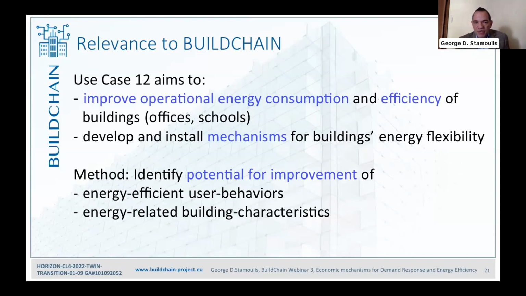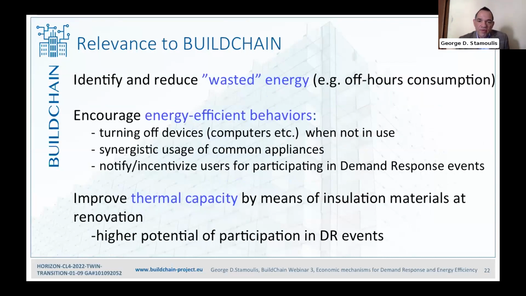And also at the same time, we should look at energy-related building characteristics in order to improve, for example, the thermal capacity of buildings by means of improved insulation materials at the renovation phase. And this will provide the building owner a higher potential of participation in DR events and attaining DR incentives, which can be beneficial for the building owner as a whole.